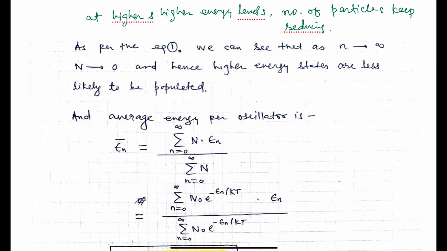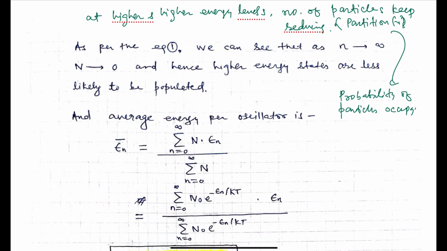I think if you know the concept from statistical physics, there is one term called the partition function, which says that the probability of particles occupying higher and higher energy levels keeps reducing.